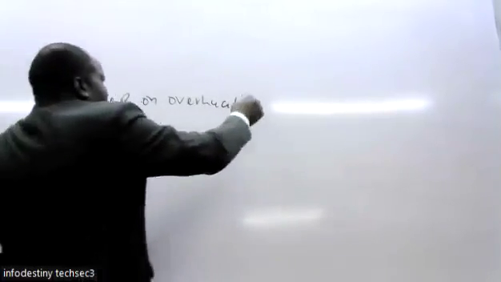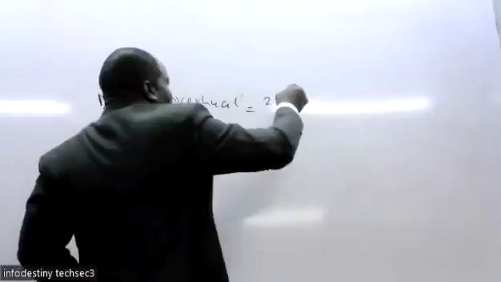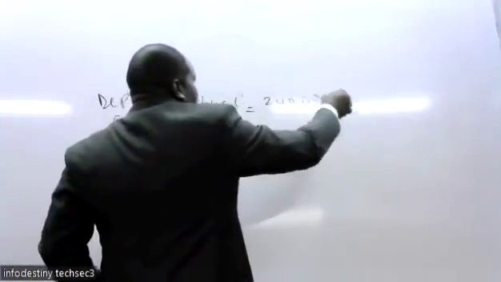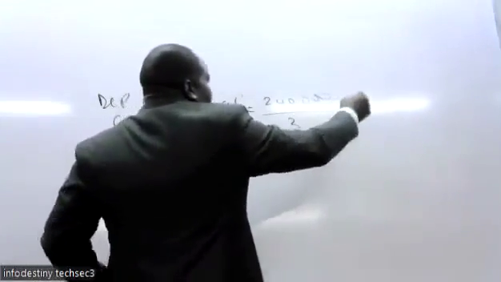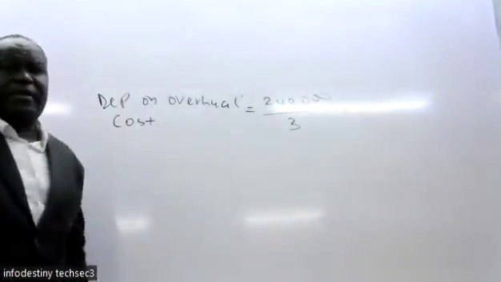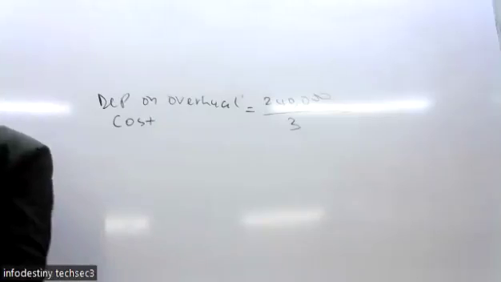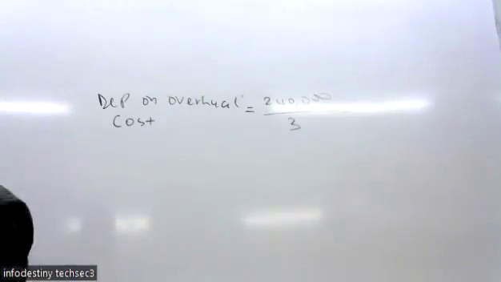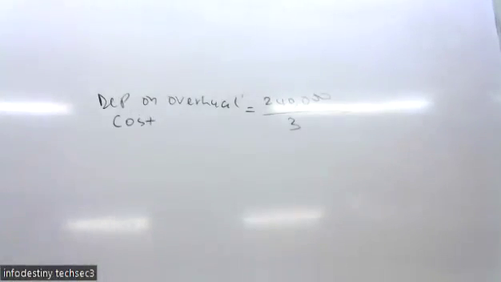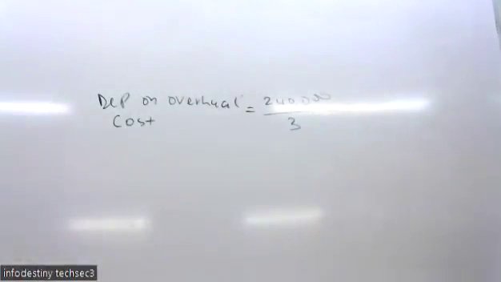As you can see, it is 240,000. We depreciate it over the remaining 3 years, so we divide by 3 years because it is on the straight line basis.